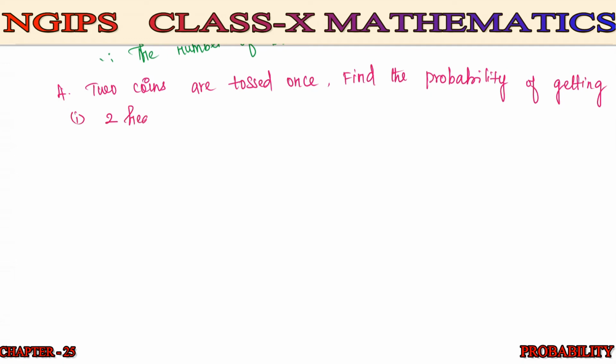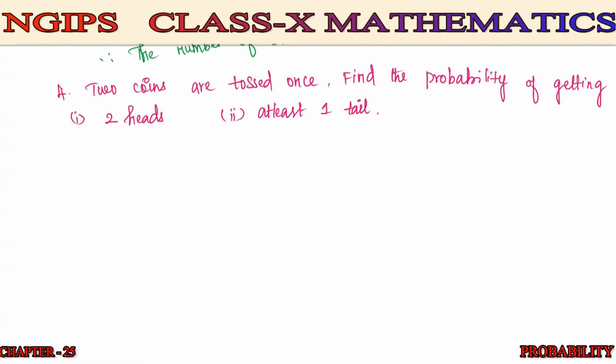And the second sub question, here we have at least one tail. Now first we have to write the given condition.